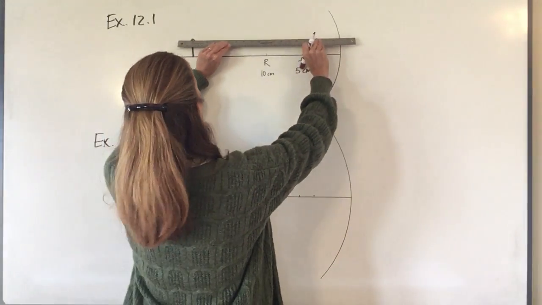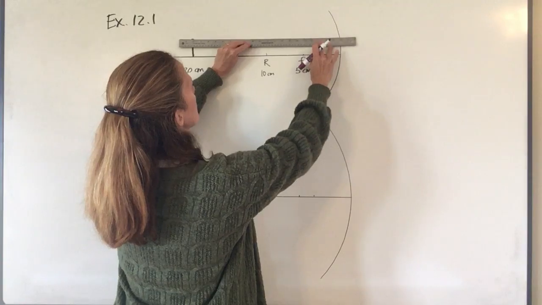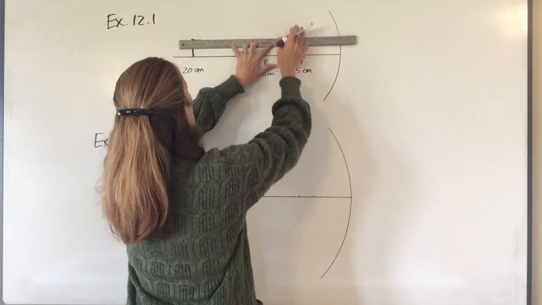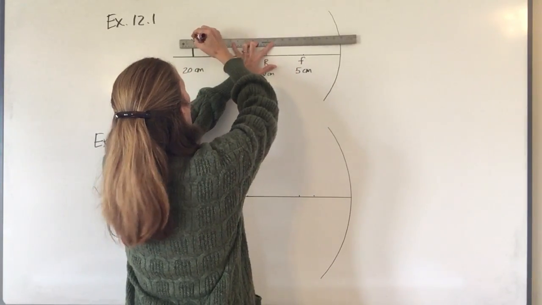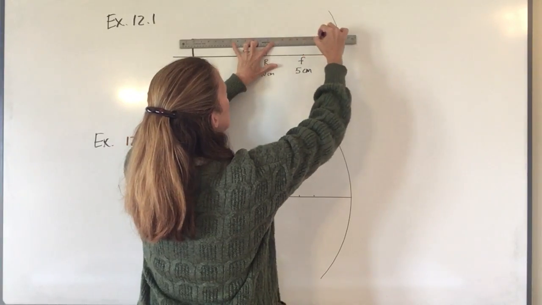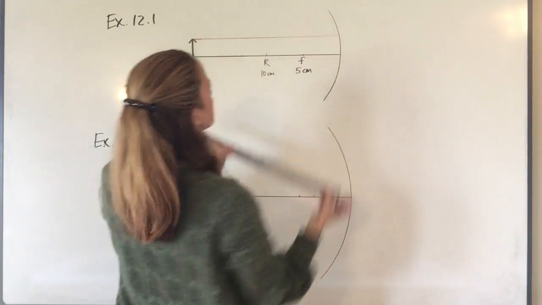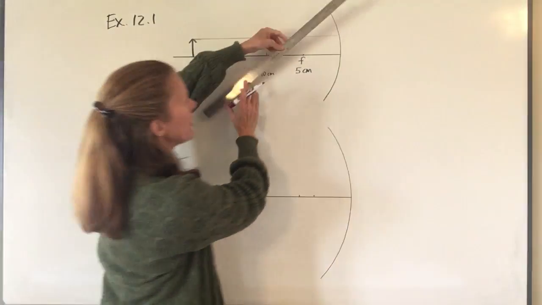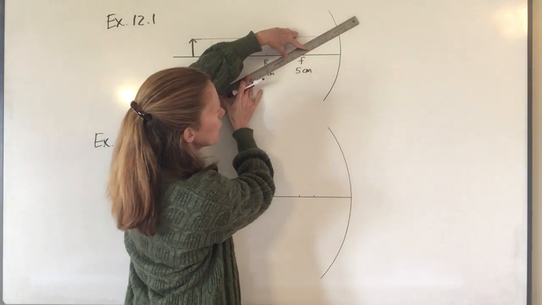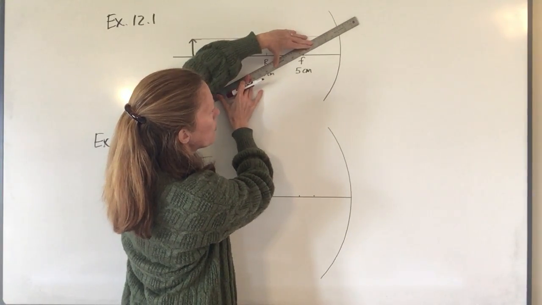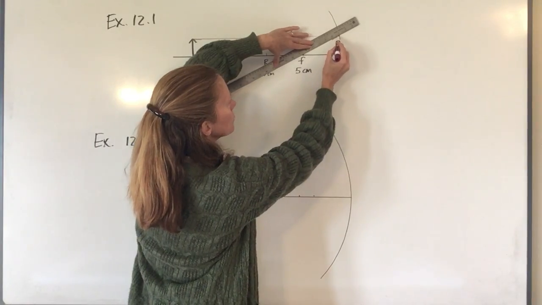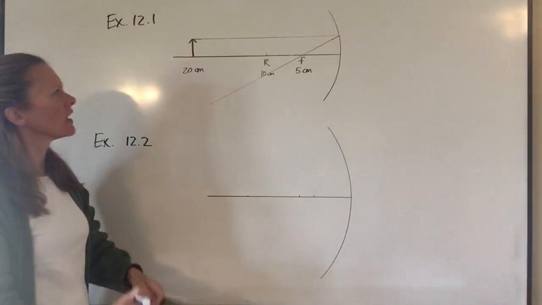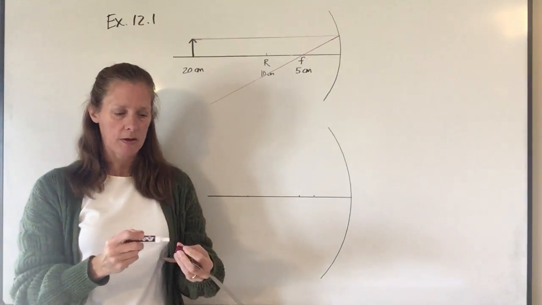So if I draw a horizontal light ray, I need to scoot that up a little bit more, coming off the top of my object and going into the mirror like this, then when it reflects off, it is going to reflect through the focal point. So I'm going to take the point where it hit the mirror, and then draw it right back through the focal point like that.